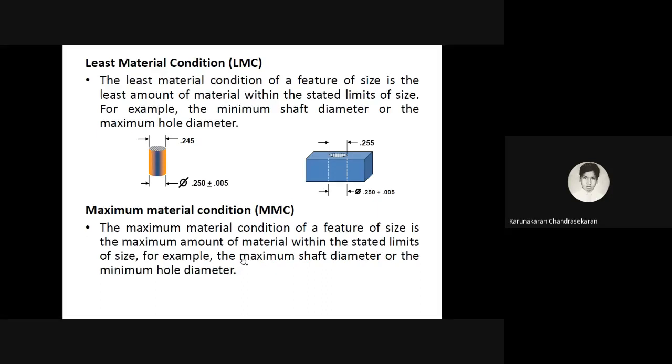Otherwise, we can say like this: the maximum shaft diameter or minimum hole diameter. And here, the minimum shaft diameter or maximum hole diameter. Okay. So these are the very important terms: least material condition and maximum material condition.